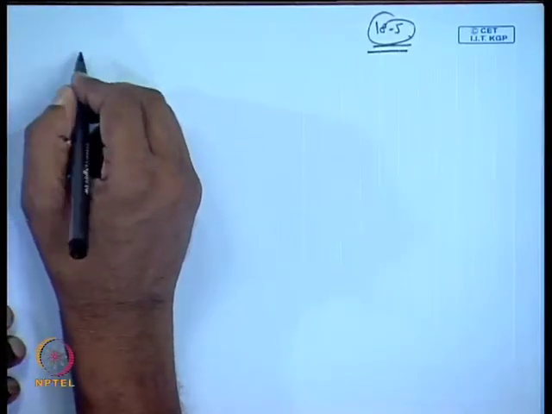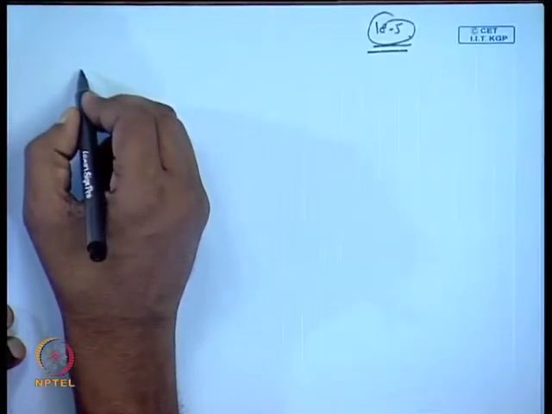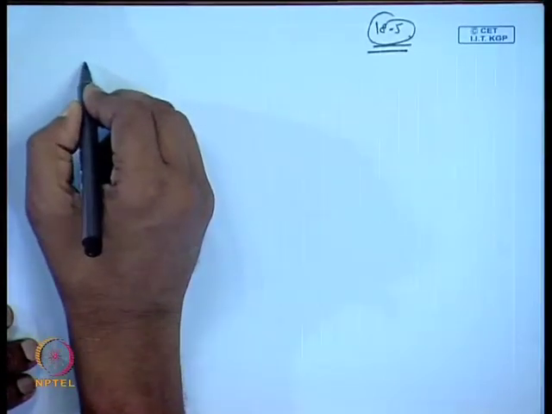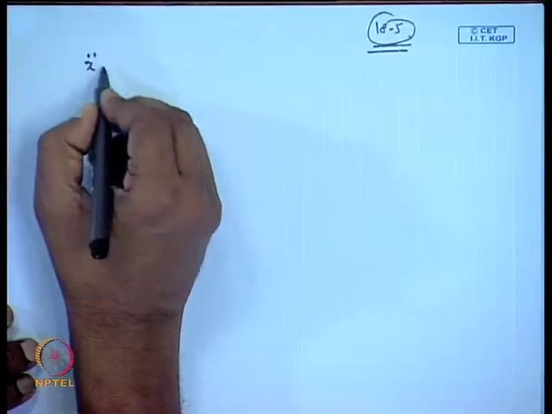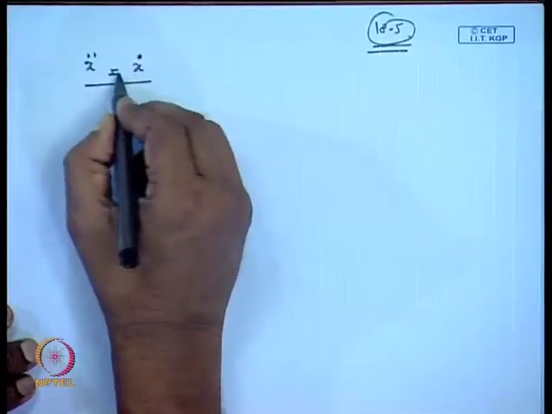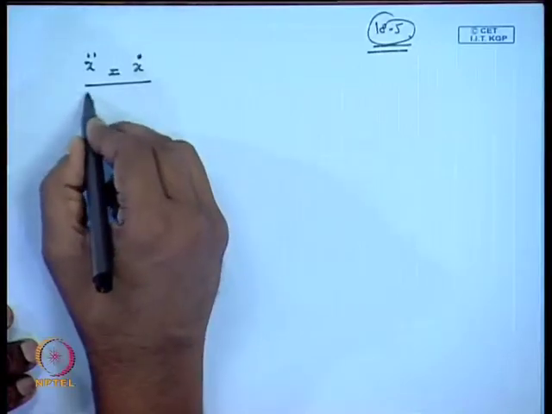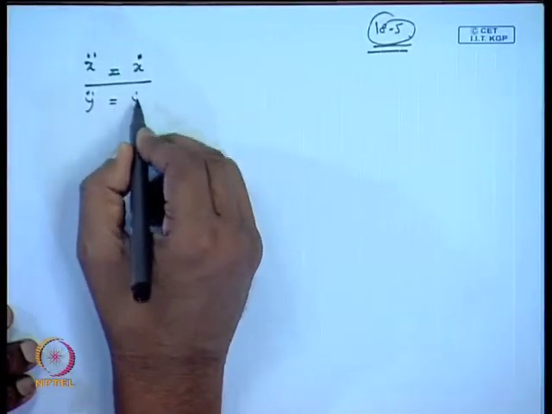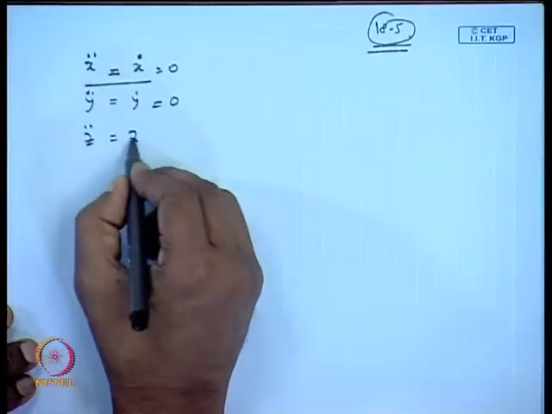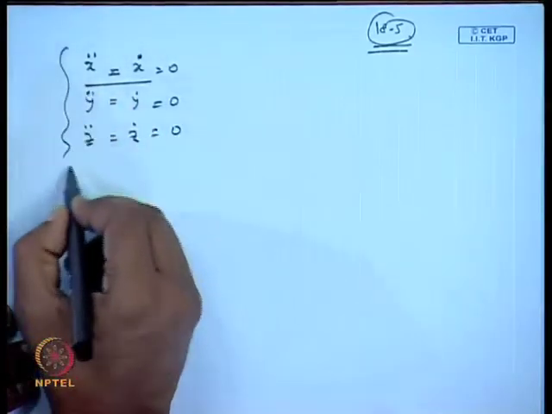Earlier we wrote the equations of motion in the synodic reference frame, and then we set x double dot equal to 0 and x dot equal to 0. Similarly, we set y double dot equal to 0, y dot equal to 0, and z double dot equal to 0 and z dot equal to 0 to find the equilibrium points.